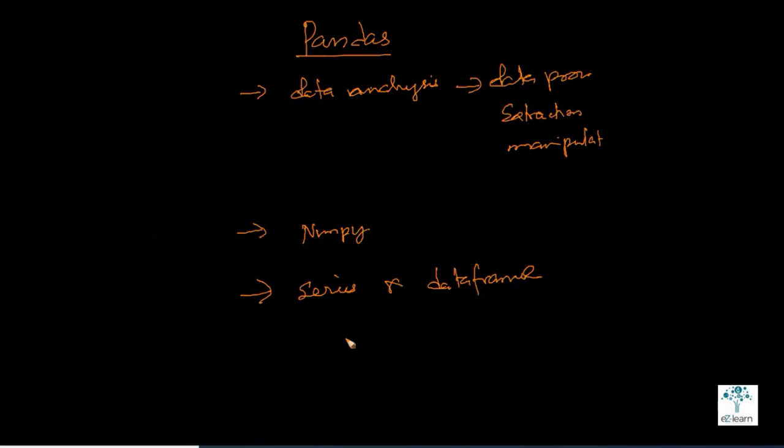With the DataFrame, we can manage data similar to SQL, in a tabular form. Like in SQL or an Excel spreadsheet, we have data with rows and columns. Like this, we can manage the data here with the help of this data structure.